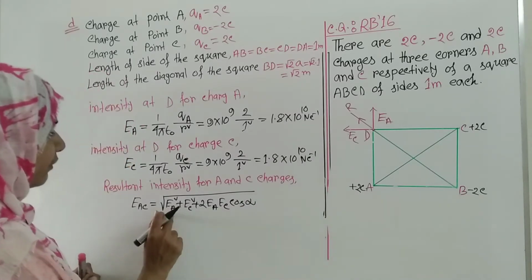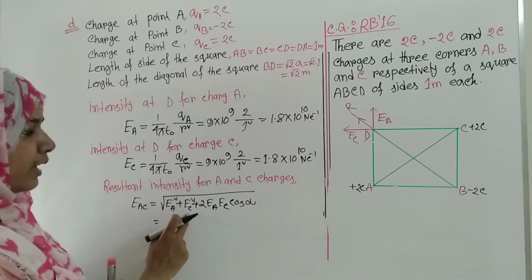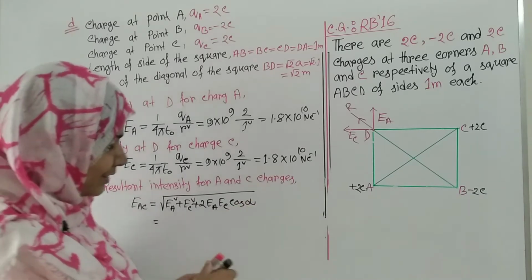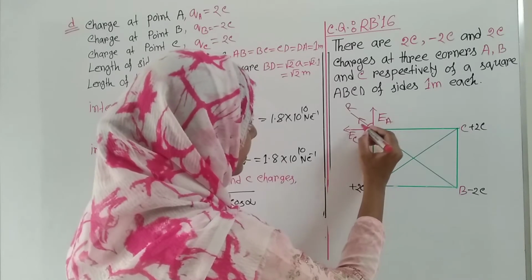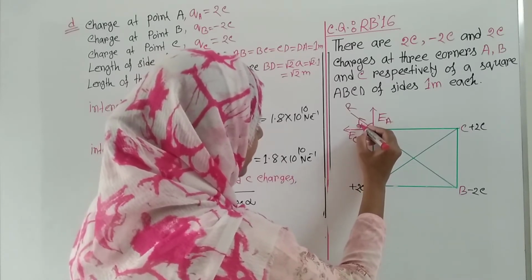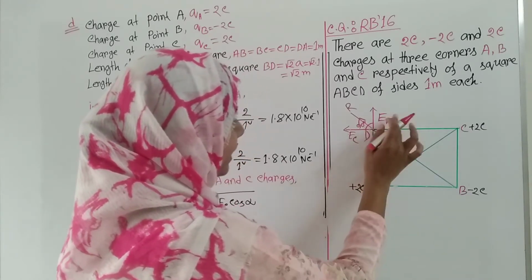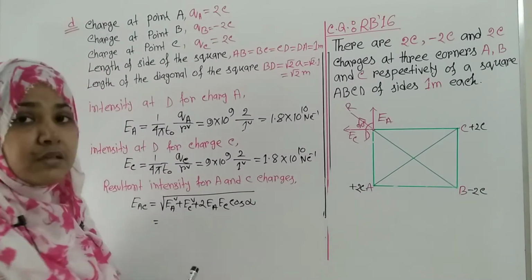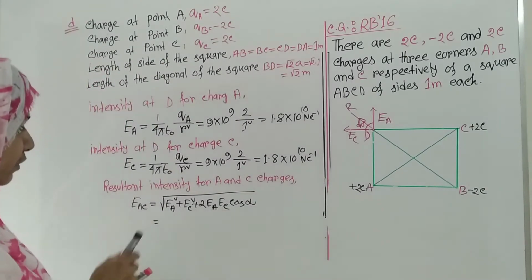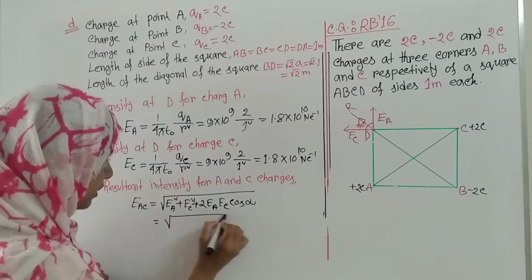Now we know the value of EA and EC and cos alpha. Here you can see that EA and EC make 90 degrees. The angle created by EA and EC is 90 degrees, and the value of cos 90 is 0.